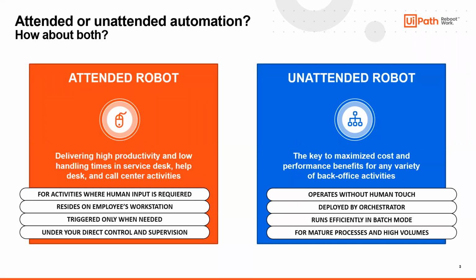When it comes to the unattended robot, because it runs on a server that no business user has access to, it has to handle user and robot interaction in a bit different way.